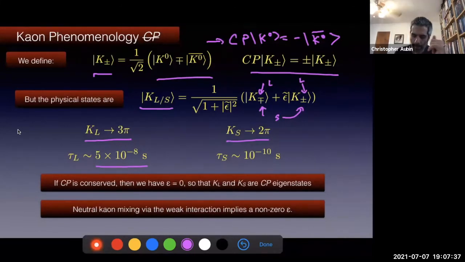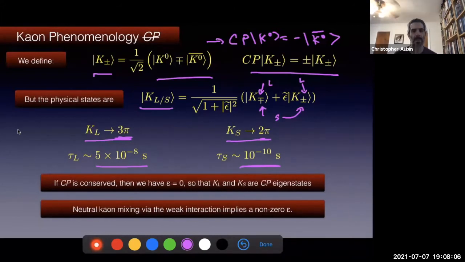K short decays to primarily the 2 pion final state, and that has a much shorter lifetime, hence the name K long, K short. And the bulk of this difference can be summed up by the amount of phase space available. There's much less phase space available with a 3-particle final state than a 2-particle final state.